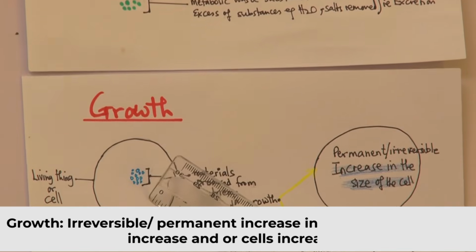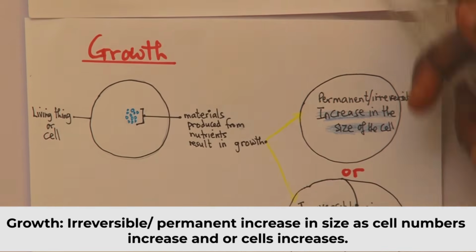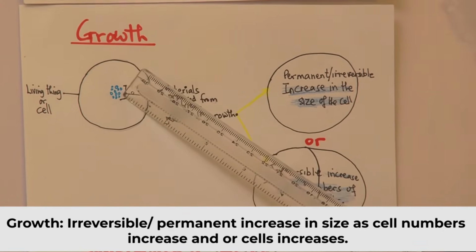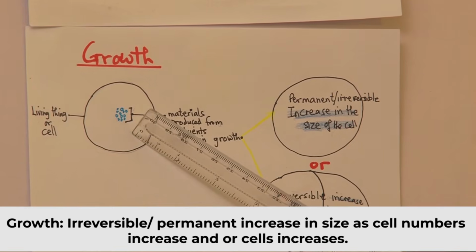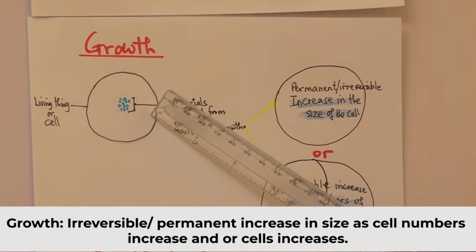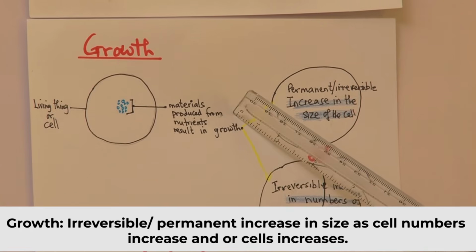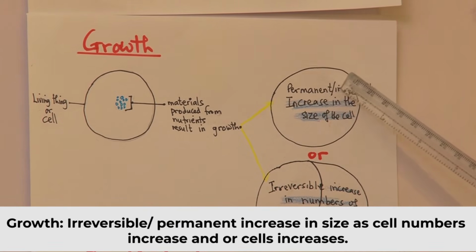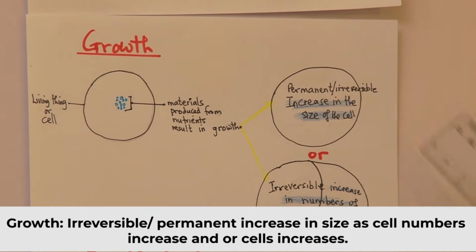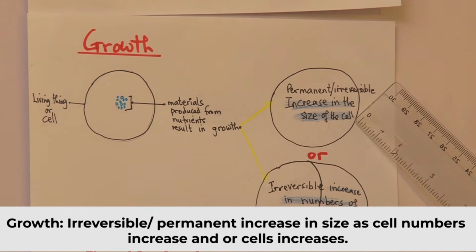Now, growth, you see, nutrients are taken in and the living thing or the cell uses them and causes the organism to increase in size. So growth is a permanent or irreversible increase in size. All right?